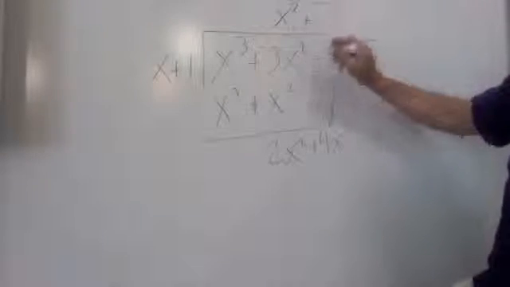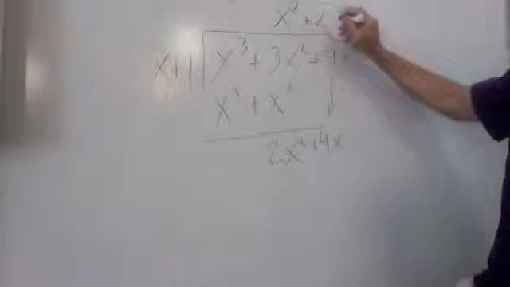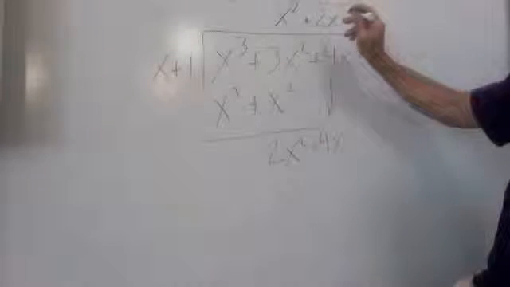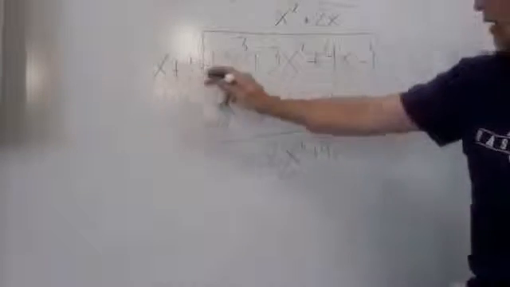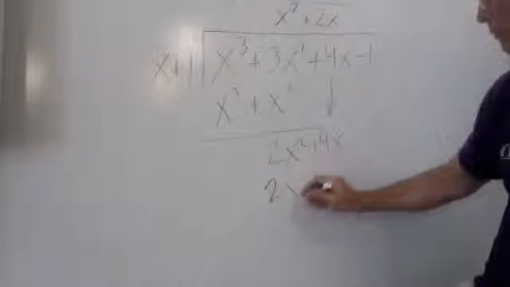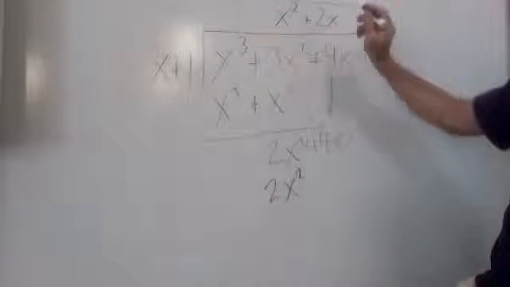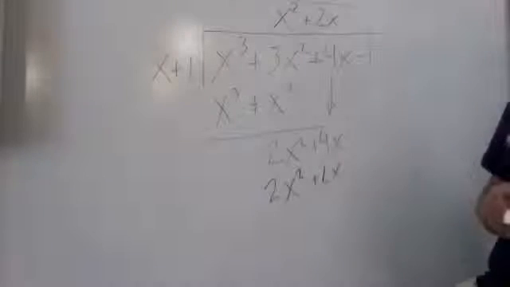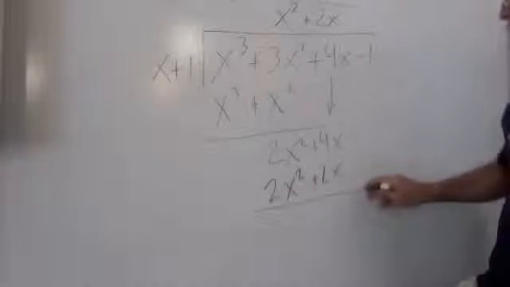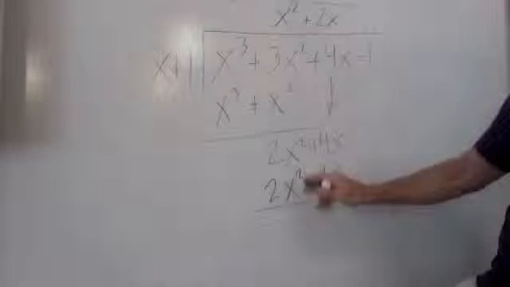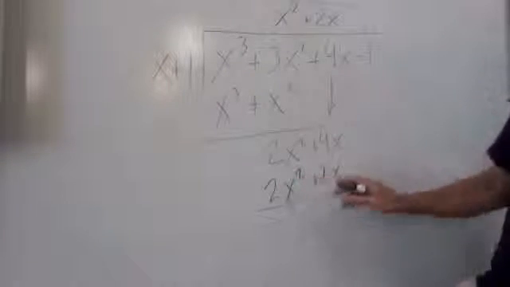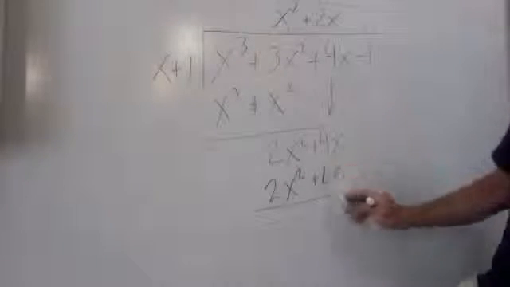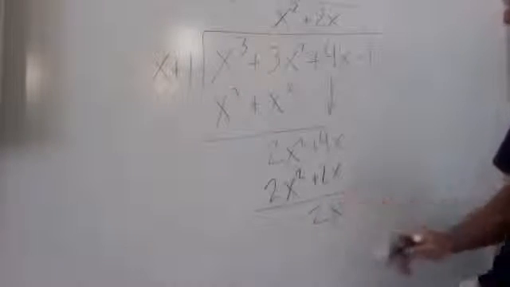If I multiply by 2x, do you see that when I multiply 2x times x, I'm going to get 2x squared? And when I multiply 2x times 1, I'm going to get 2x. When I subtract, this is going to go away, which is really what I desire. And then 4x minus 2x leaves me 2x.